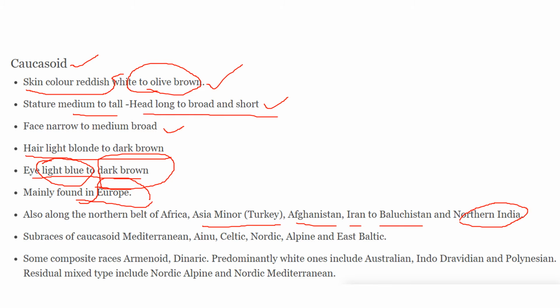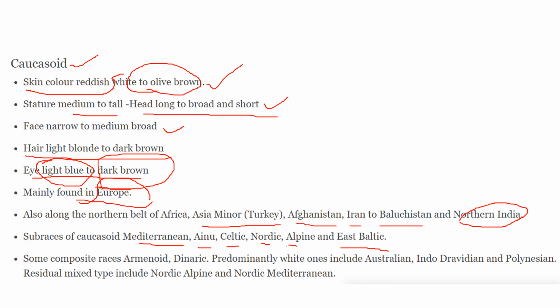Sub-races of Caucasoids are Mediterranean, Ainu, Celtic, Nordic, Alpine, and East Baltic. These are the major divisions of the Caucasoid type of race.